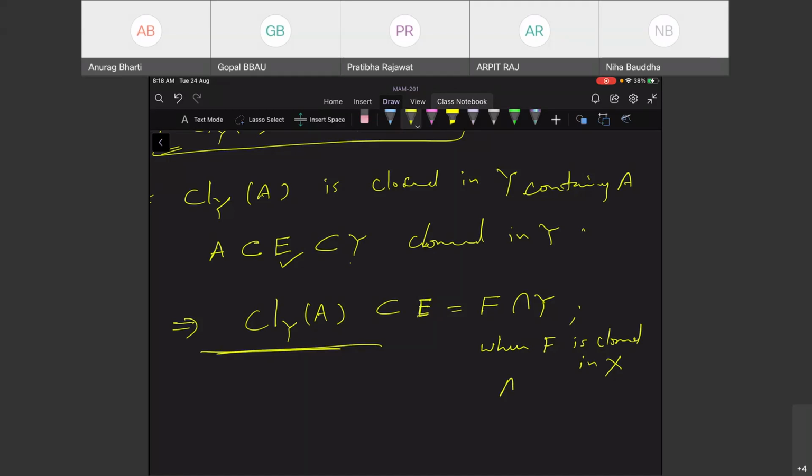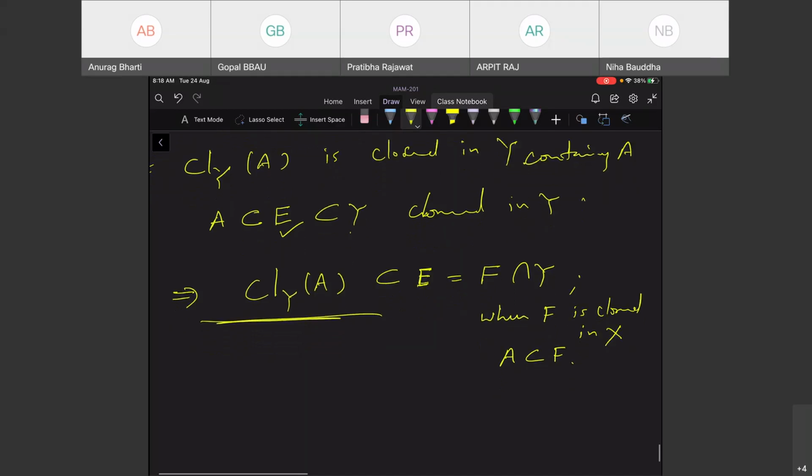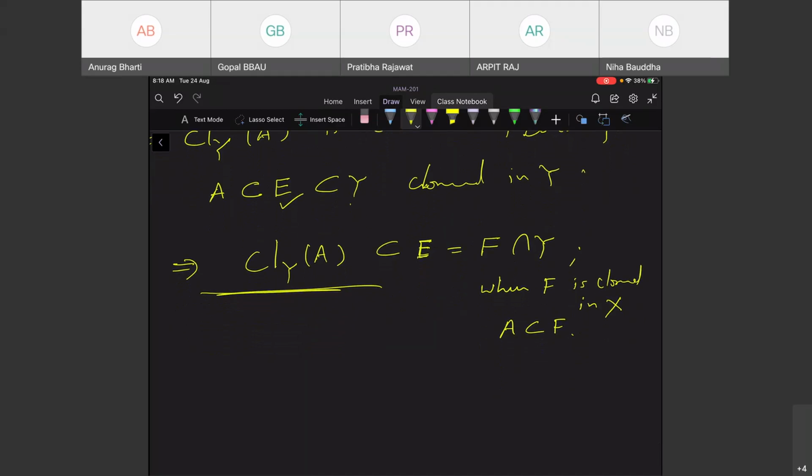And F contains A. So from here what you get, since F is closed in X and it contains A, this implies closure of A in X is contained in F. So take intersection with Y. This intersects with Y, this intersects with Y. This part is nothing but E.